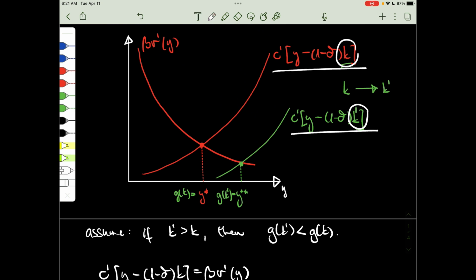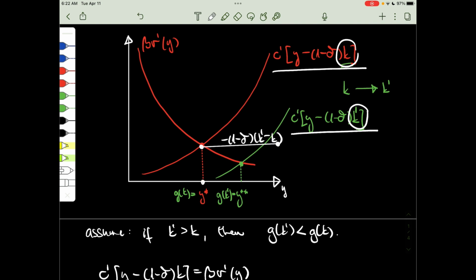So the whole function moves to the right to the extent of this expression. So this is the distance along which function C prime moves to the right.